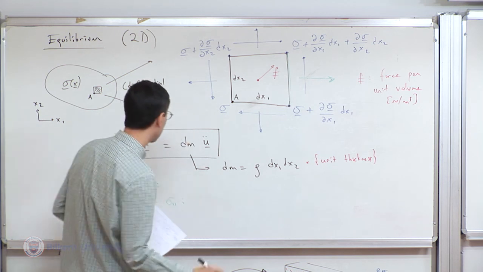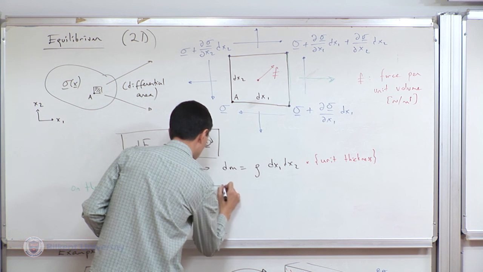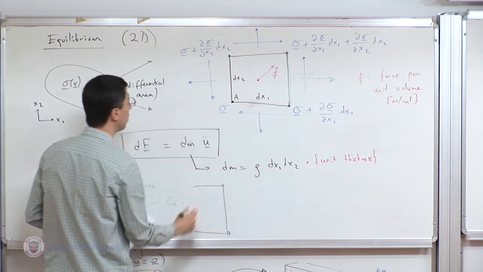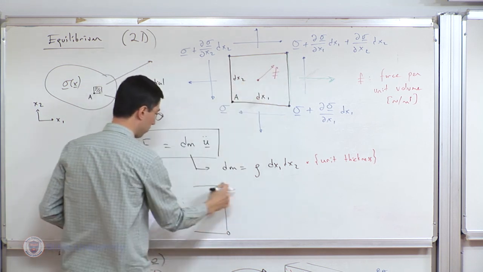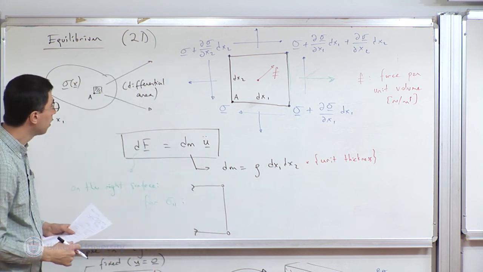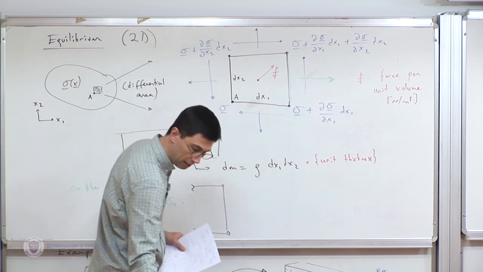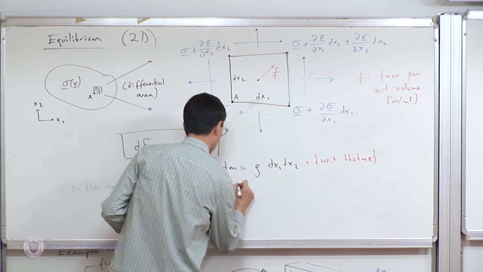Let me use black. So this is a portion of the square. And here I have the value of the stress.